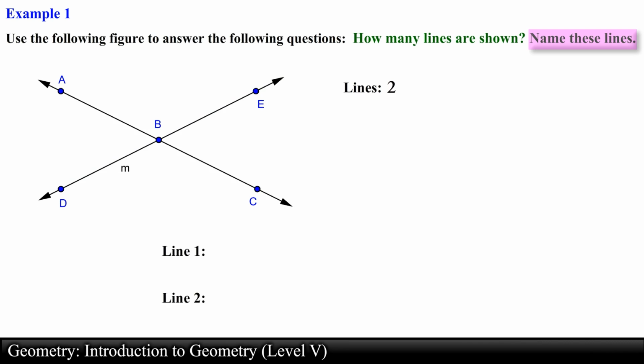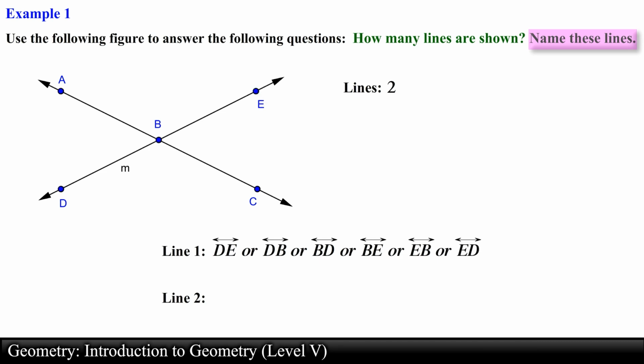Let's focus on the line that contains points D, B, and E. This line can be named by using 2 points, so we can name this line as line DE, or line DB, or line BD, or line BE, or line EB, or line ED.